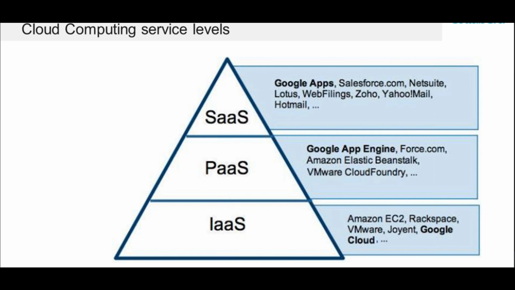Primarily, there are three types of service models. One is the IaaS, second is the PaaS, and the third one is the SaaS, or software as a service. The infrastructure as a service, or IaaS, model is the most widely used type of service model.